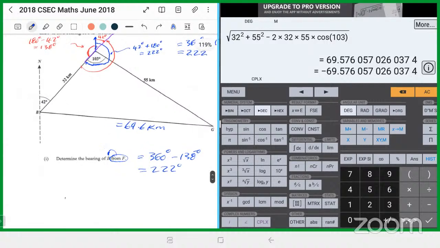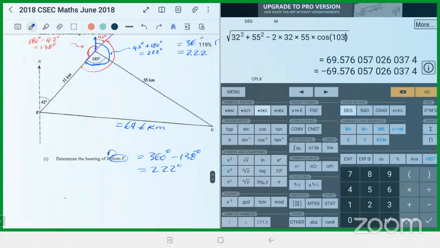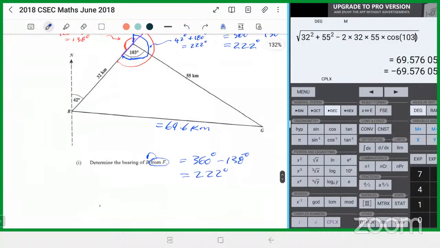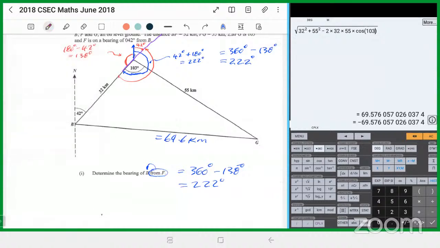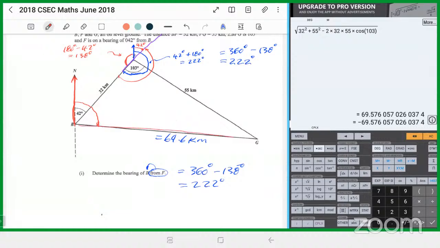Let's zoom in and put it in red. You have to face north first, and then turn through an angle to the right in order to face G. That is the bearing of G from B, the angle I've just drawn, which I call theta.